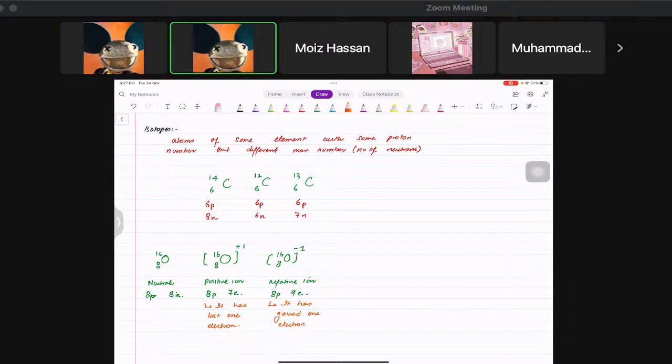How they gain, whether they're donors, etc., your chemistry teacher will tell you. I can't tell you that. Is that clear, everybody? Yes, sir. Okay, please write this down. This is very, very important.